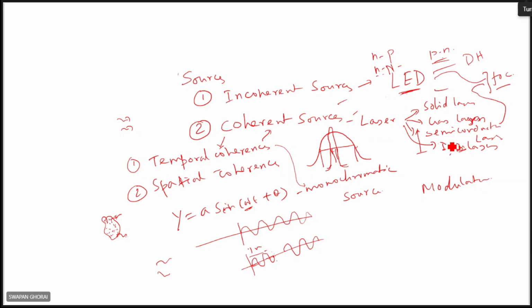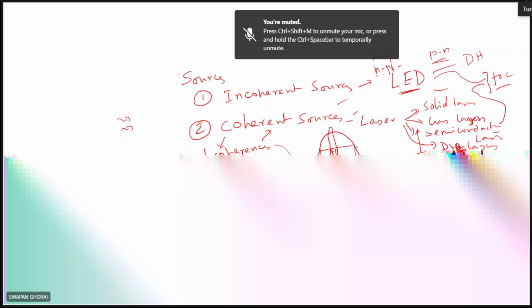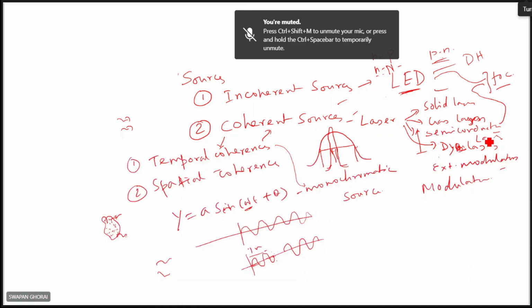Among the coherent sources, semiconductor lasers are widely used for fiber optic systems, and here also you can easily modulate. But for other lasers, external modulators are required.